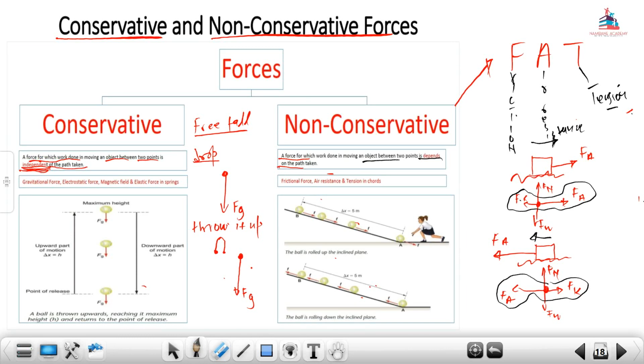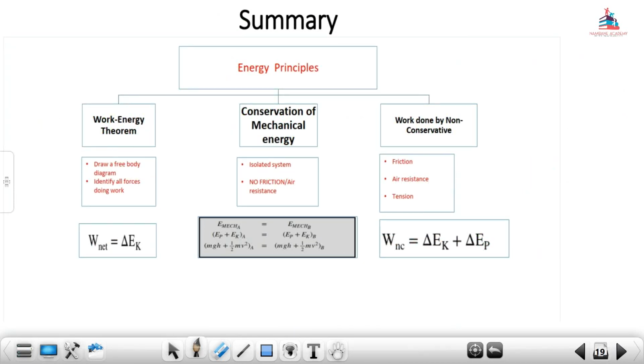That is where the majority of us lose marks, because at times we don't know what to use and what to apply. So once I have identified that in the statement, in the information that is given, then I have FAT or any of the given forces, definitely I will be able to apply the conservative force.